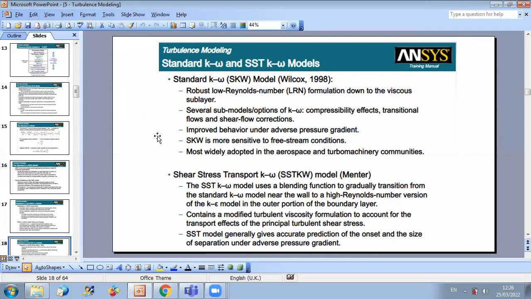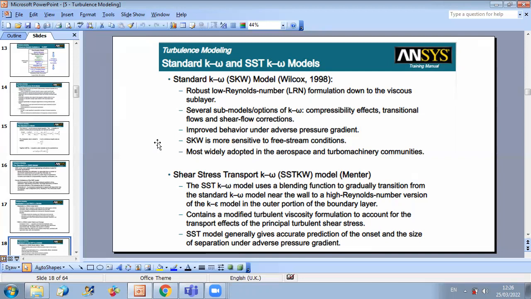Plus, it is more sensitive to the free stream conditions. So whenever you have a free stream application and you are interested in low Reynolds number regions, you can use the standard K omega model. And this model is widely adopted in aerospace and turbomachinery communities. So we have seen until now that in aerospace and turbomachinery, two main models are used, the eddy viscosity models and the standard K omega model.